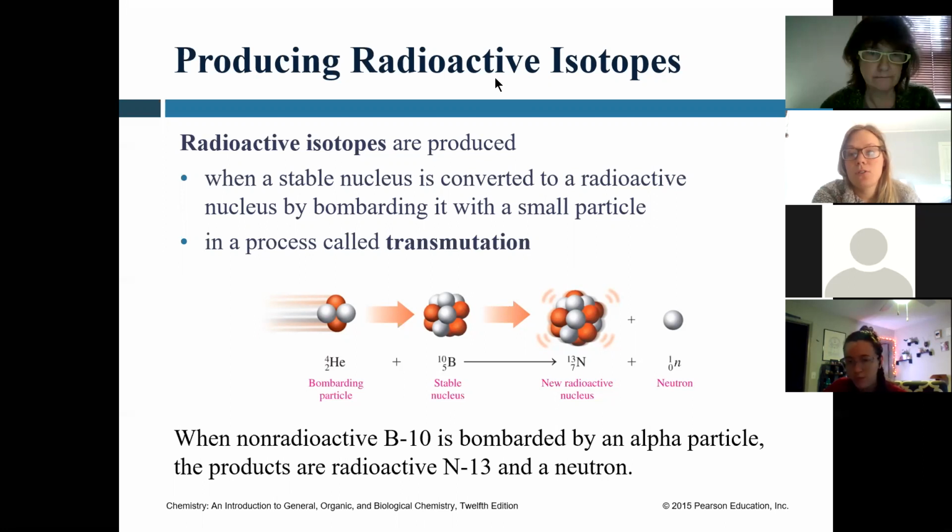This process is called transmutation, or bombardment. So I've got a stable boron nucleus here, and it gets smacked really hard with an alpha particle. And when this happens, we get a new radioactive isotope, specifically nitrogen-13, and it also releases a neutron.